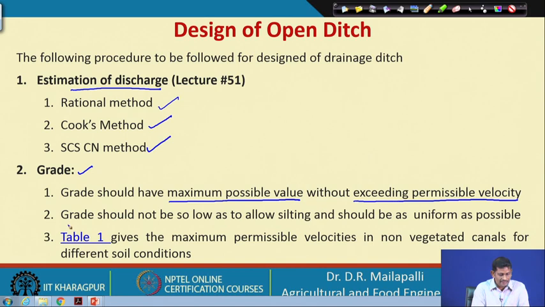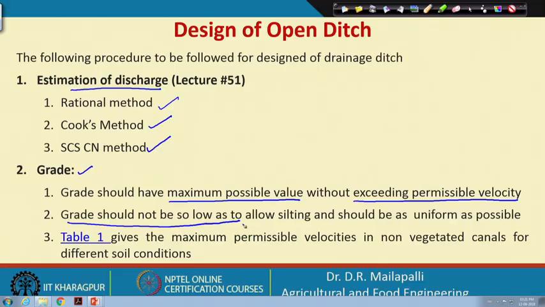And the grade should not be so low either, because siltation may occur, as the flow does not have enough carrying capacity to take the silt out of the channel, so it will deposit in the channels. So it does not have even the permissible velocity.